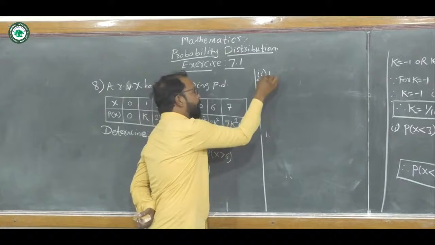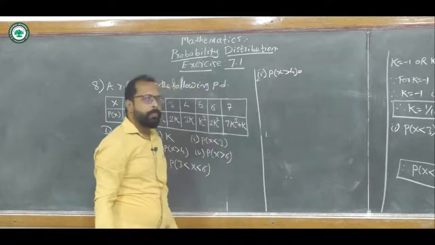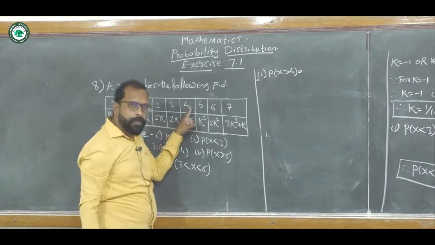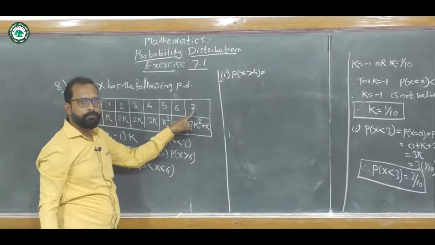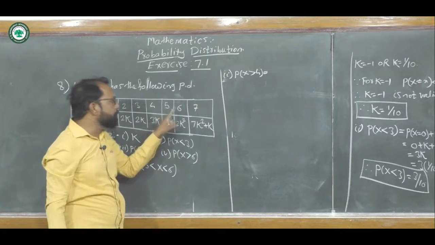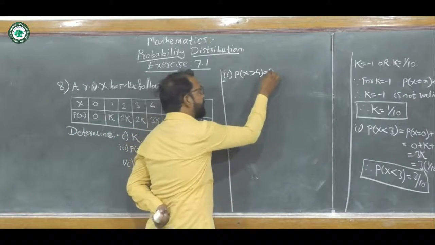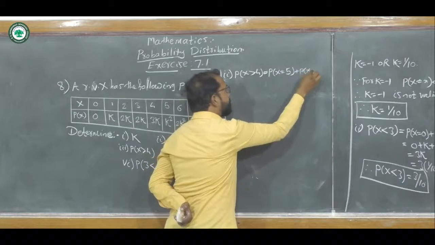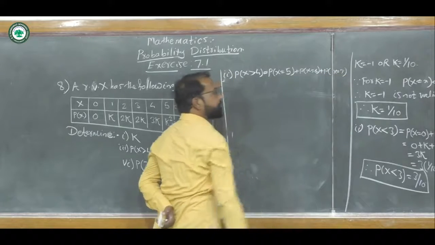So here we write probability for x is greater than 4, which is equal to... Again from the table, the values of x which are greater than 4 are 5, 6 and 7. So adding the corresponding probabilities, this can be written as probability of x equals 5 plus probability of x equals 6 plus probability of x equals 7.